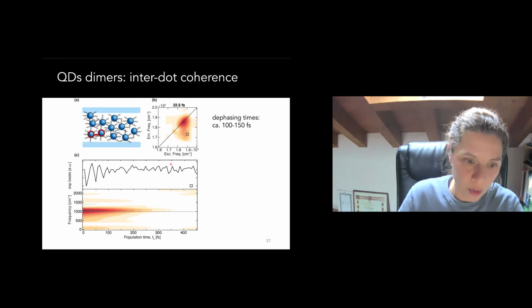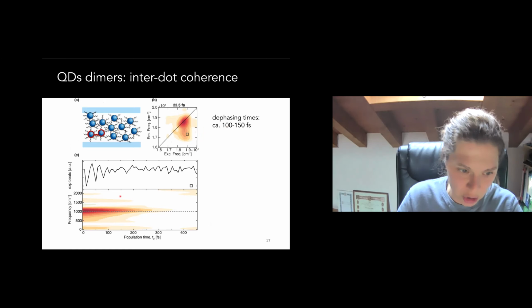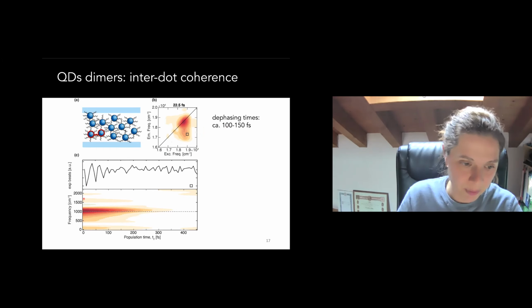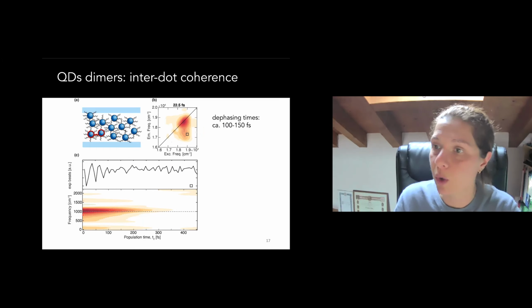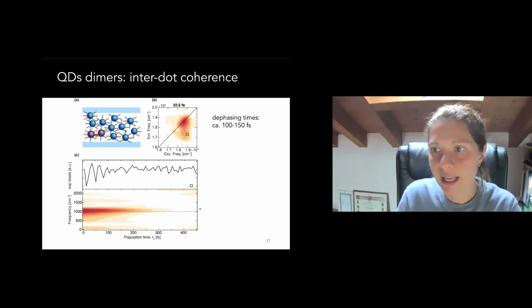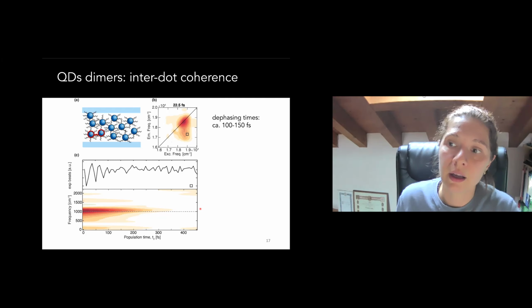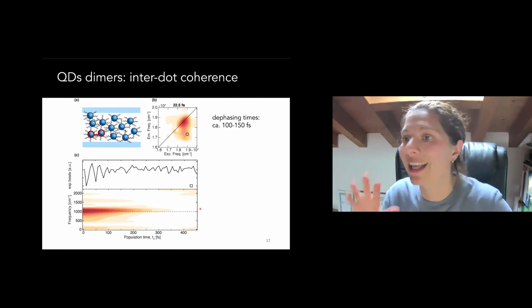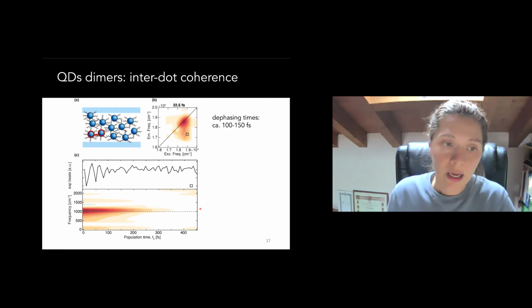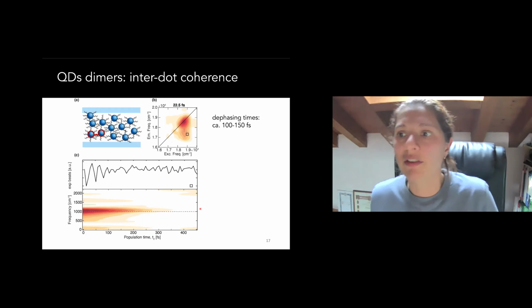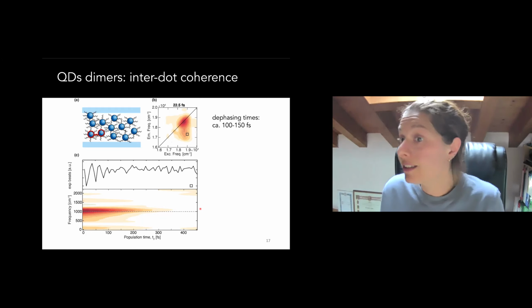Here I am showing again the beating trace at the cross-peak position, and this is again our bilinear transform, showing that our 1000 wavenumber beating here is lasting a bit longer than what happened in the sample with only monomers, so for the intra-dot coherence. Now, why are these inter-dot coherences living a bit longer than the intra-dot ones?